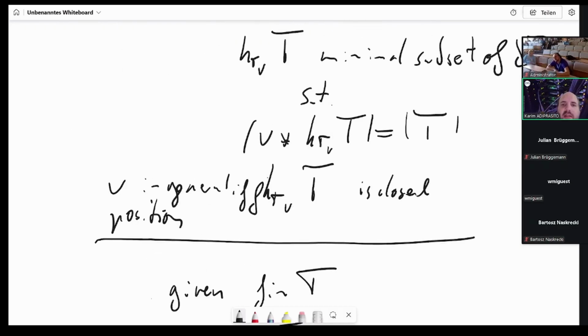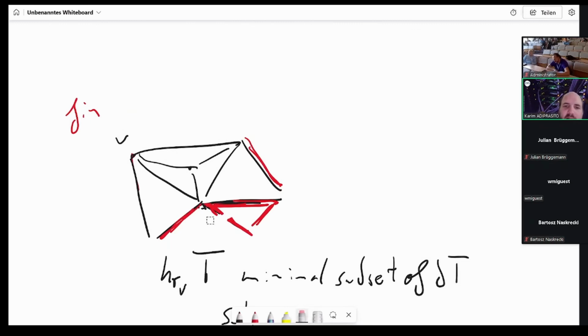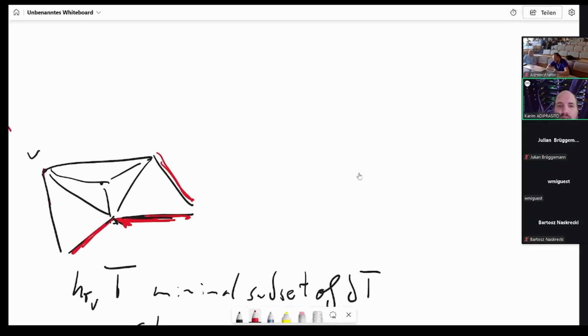So for instance, if I looked at this case here, I would look at the horizon, this red part, and I would cone over it. This special triangulation would look like this.